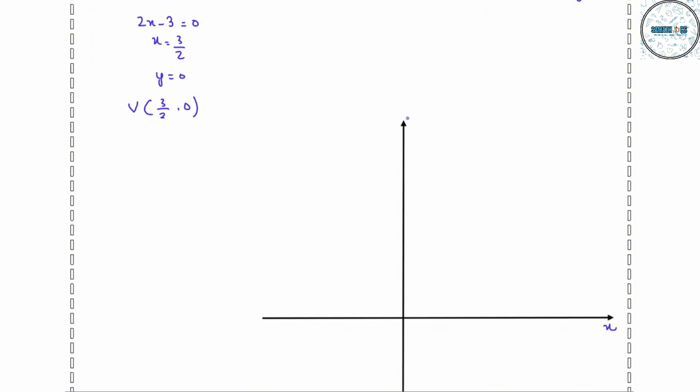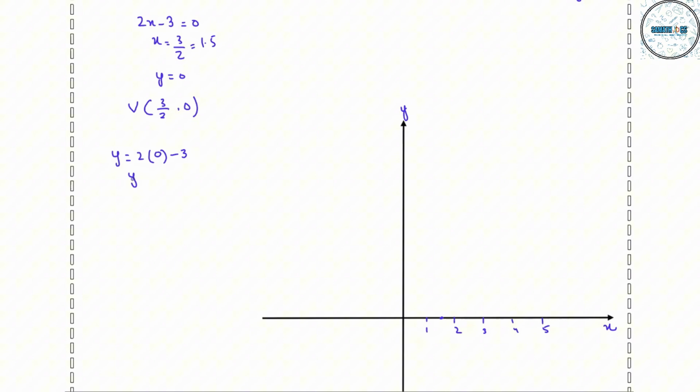We have here x, we have here y. We have 1, 2, 3, 4, 5. 3 upon 2, which is 1.5, is here. So this is the vertex, and this is also the x-intercept. For y-intercept, we can take the value of x as 0.